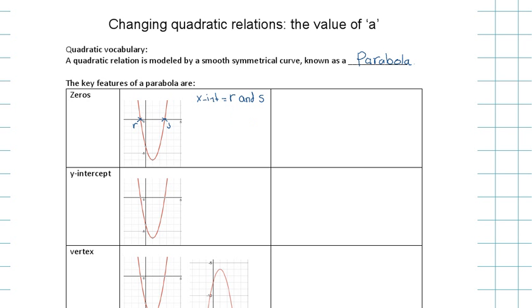So in this case, for example, it's -1 and 3. So the way I would write it, x-intercept equals -1 and 3. Is that clear? Okay.